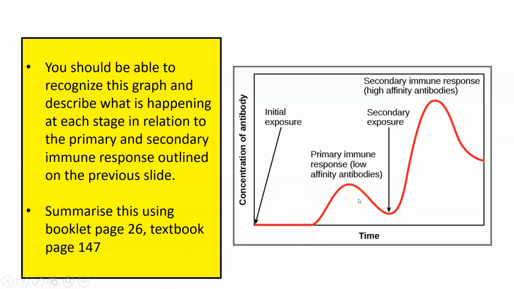One point I'm going to pick out here that I would like you to notice is that initially the antibody concentration is at 0, whereas at this point it never goes down to 0, and that is because of memory cell formation. So when we have a secondary exposure, our response is much faster, it persists in the body for longer, and we have a higher concentration of antibodies.